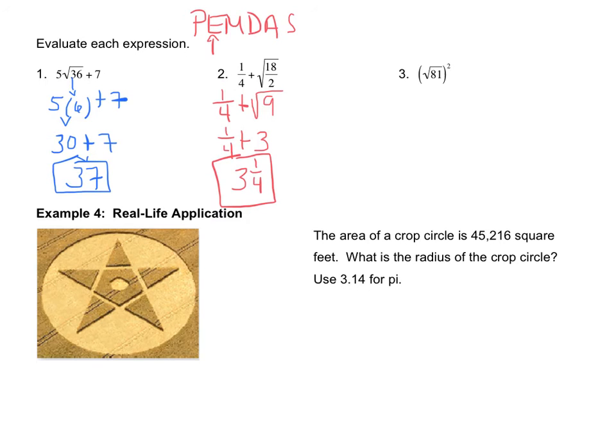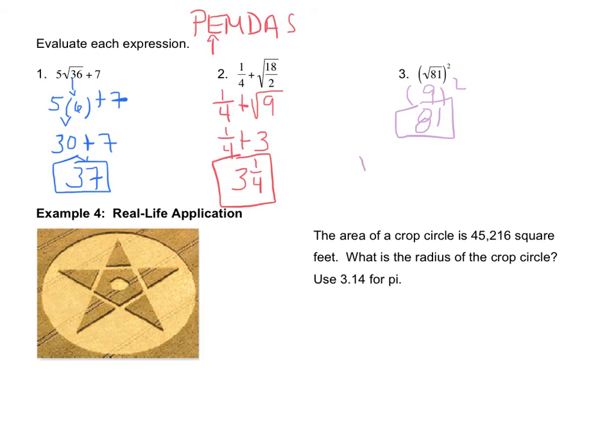Now on the last one, this is the big idea of this entire worksheet. When I have the square root of a number that is then squared, the square root undoes the square, and the square undoes the square root. So we'll go through the steps to see how this works. The square root of 81 is 9, and 9 squared is 81.